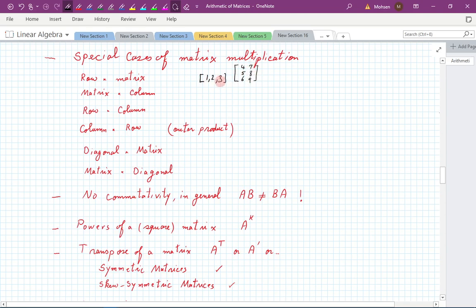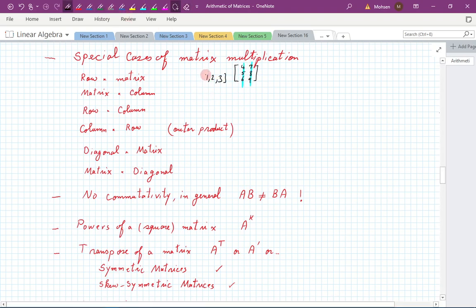Okay, so my first matrix is just a row, and the second one is just something arbitrary. Nothing any different from what we had done before. We take a row and multiply as in doing a dot product with each of the columns of the second. So that is all we are going to do.